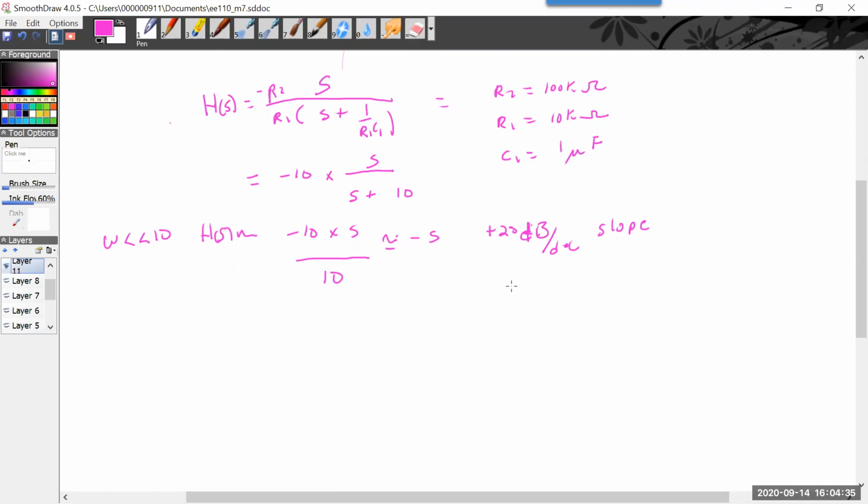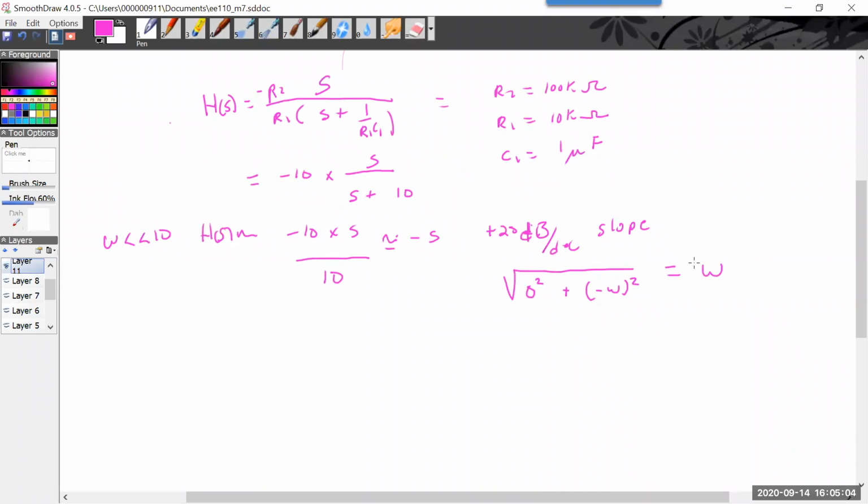The real part is 0, the imaginary part is minus omega, but we square it, take the square root, and it's omega.